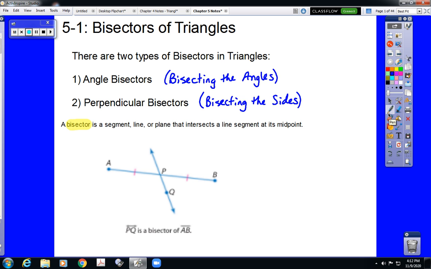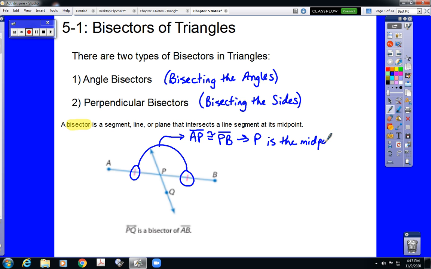Bisect means cut into two equal pieces. So in terms of a line segment, a bisector is a segment, line, or plane that intersects a line segment at its midpoint. If we look at this picture here, we have markings indicating that AP is congruent to PB, and what that tells us is that P is the midpoint of AB.